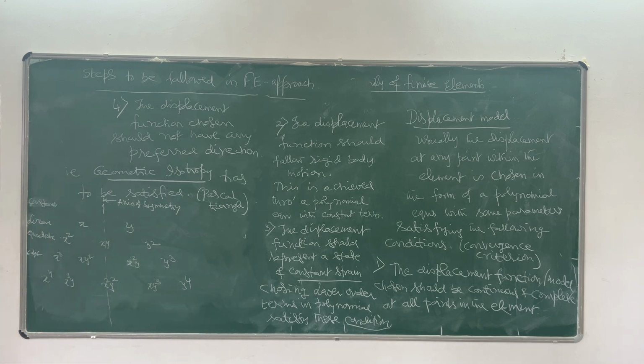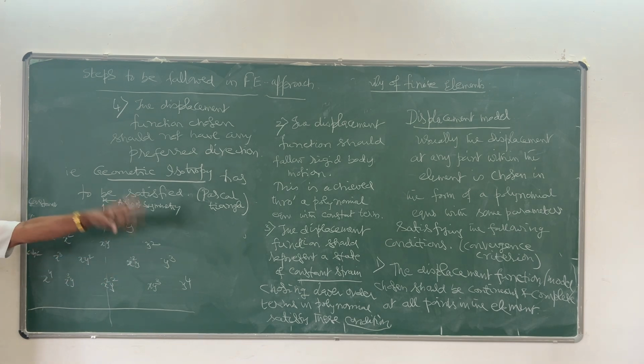Like that. This is called the Pascal triangle. You can choose your polynomial equation, say u is equal to alpha 1, or u is equal to alpha 1 plus alpha 2 x plus alpha 3 y, or alpha 1 plus alpha 2 x plus alpha 3 y plus alpha 4 x squared plus alpha 5, like that, if it is a cubic polynomial.